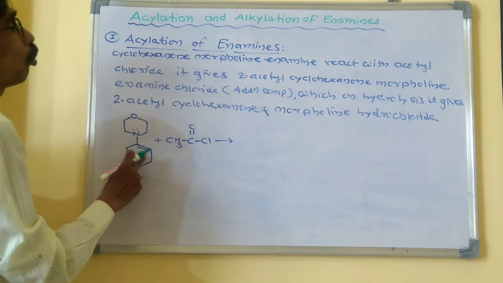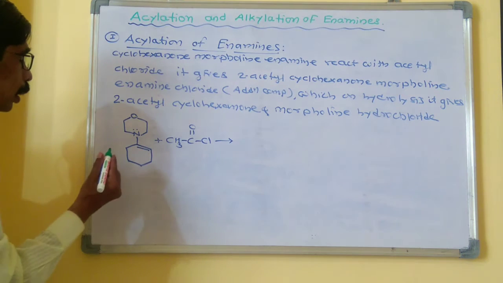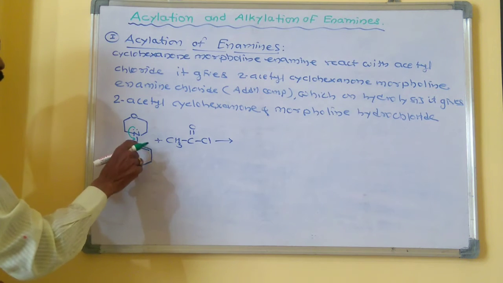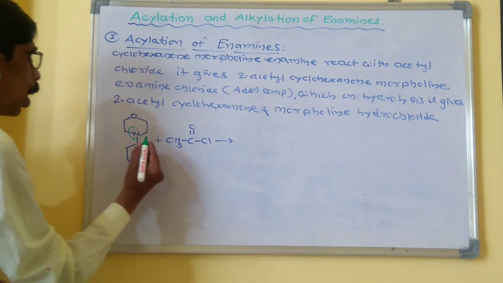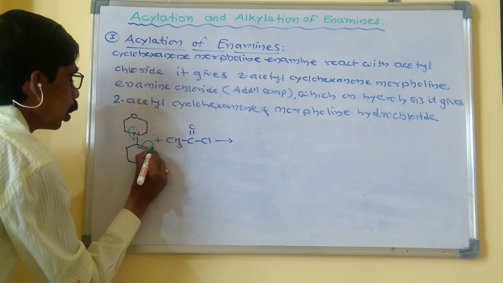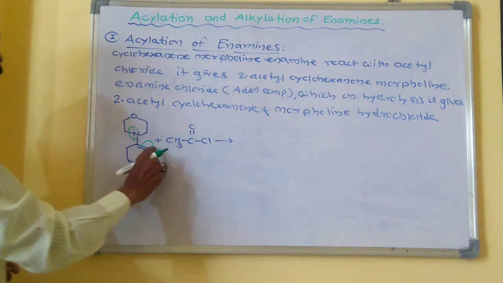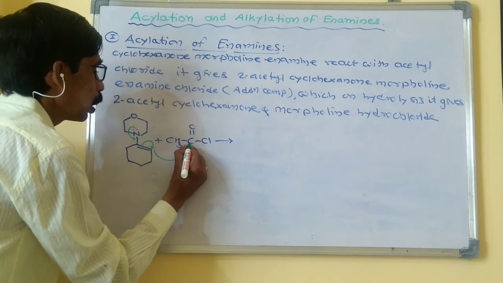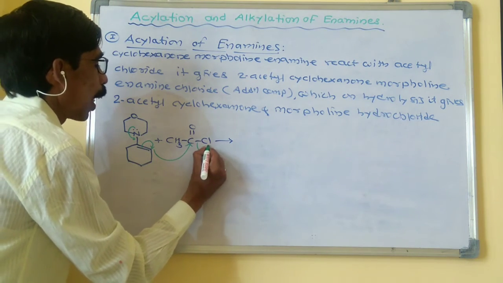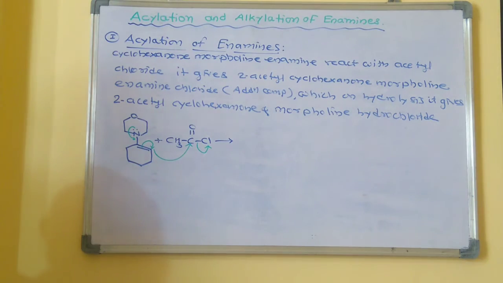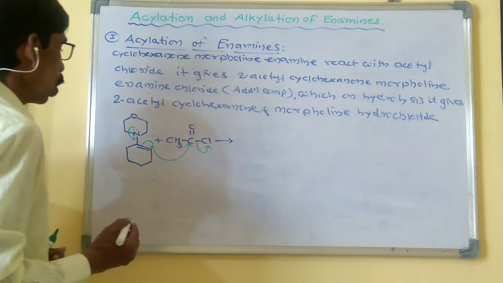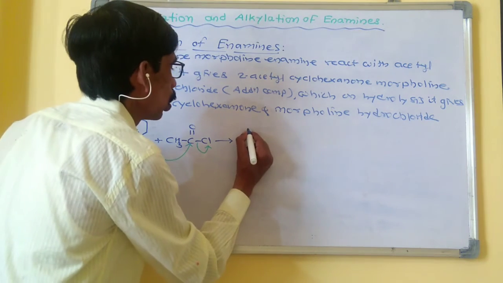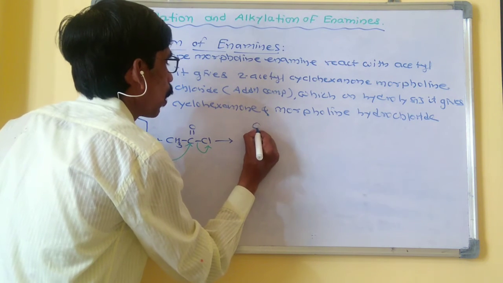When this enamine reacts with acetyl chloride, then this electron pair is transferred between this nitrogen and carbon to form the double bond, and this bond is transferred to this carbon atom, and this carbon becomes negatively charged. This negatively charged carbon combines with this positively charged carbon atom to form the 2-acetyl cyclohexanone morpholine enamine addition compound.